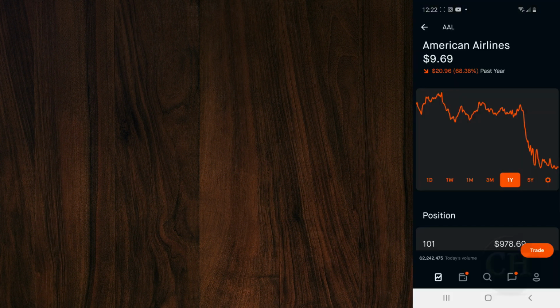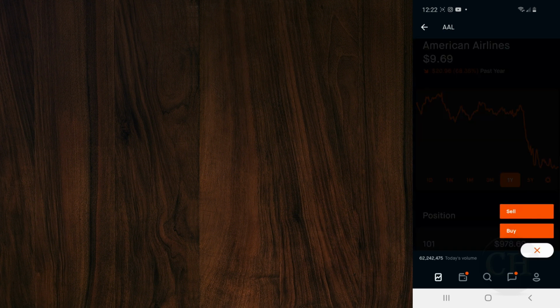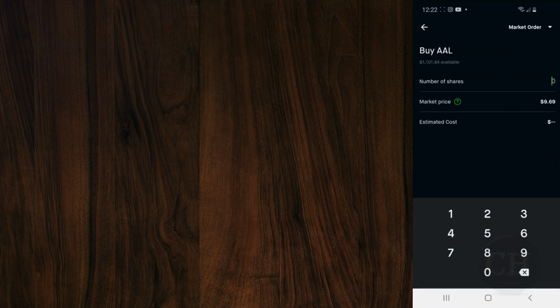Here is American Airlines. I want to buy, I think it was around 101. No, it's a little more than that. Let's see, my last stock, Oasis, is costing me $199. So I've got 1,100.